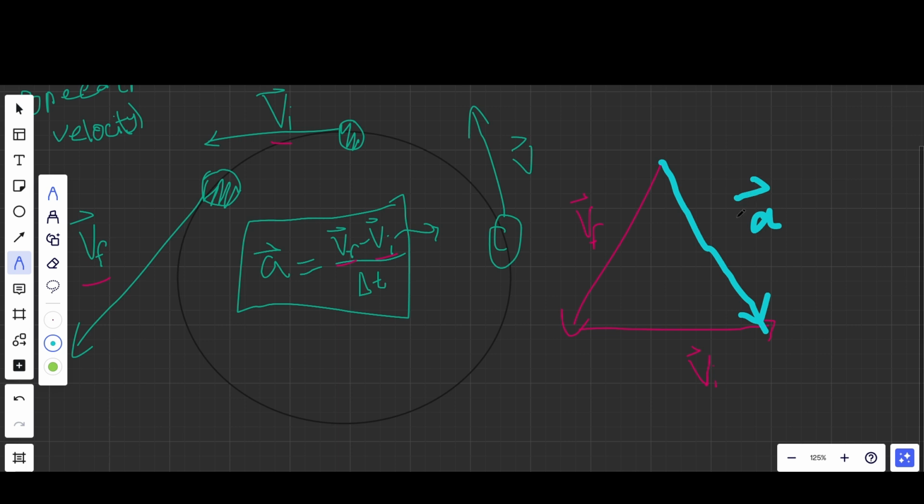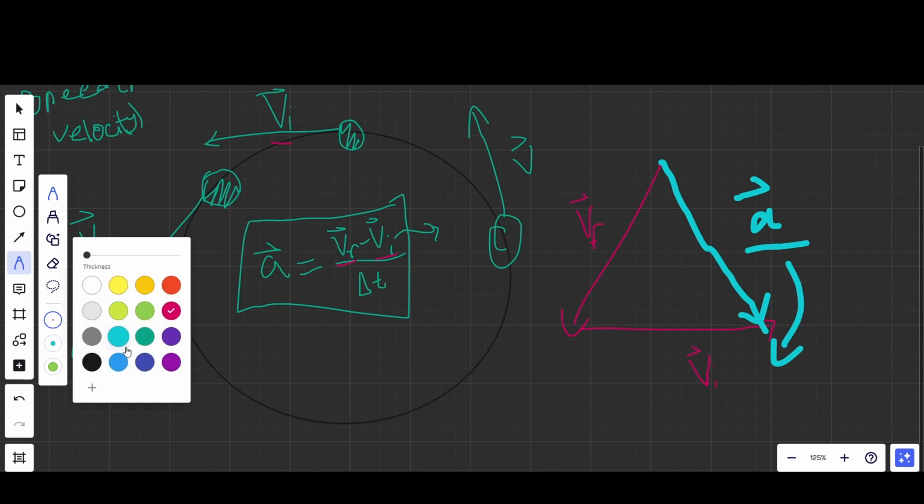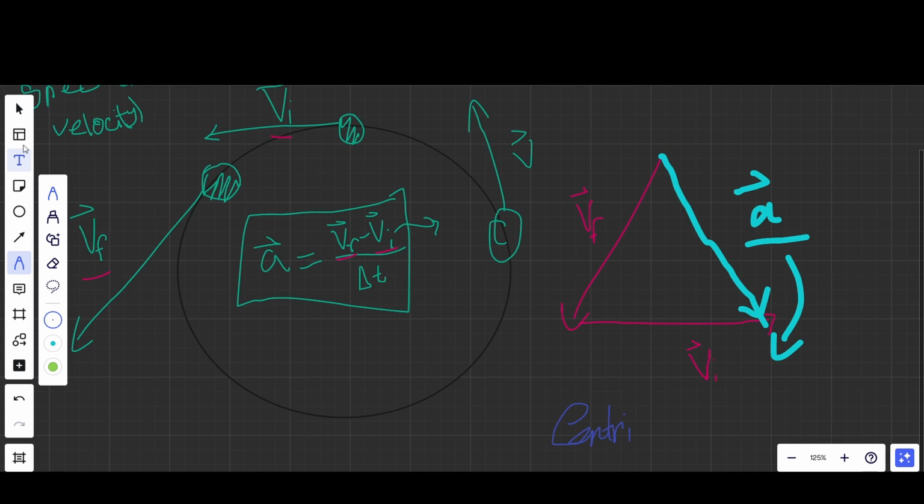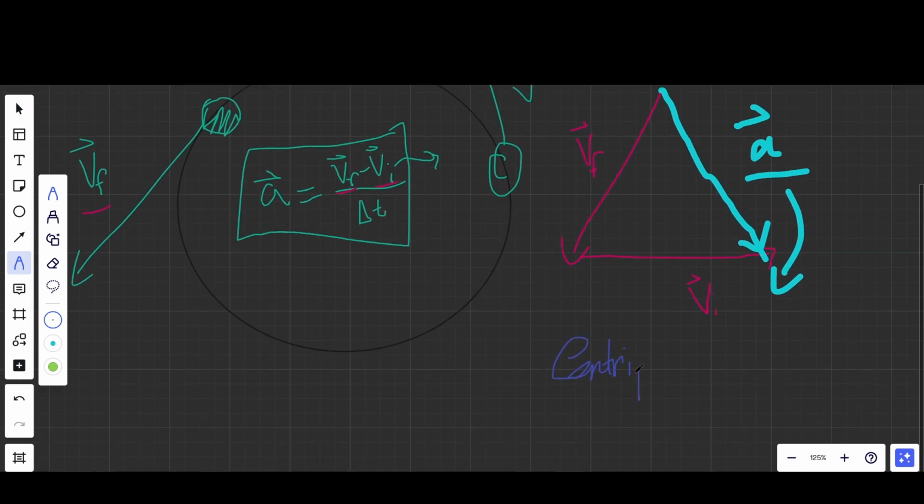Now the cool thing is, this is called centripetal acceleration.